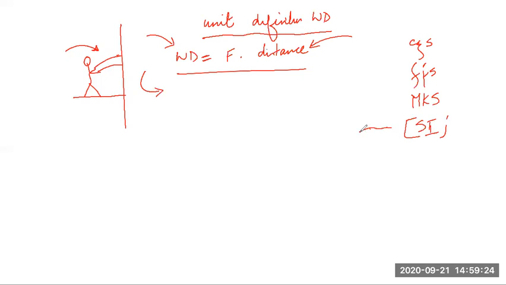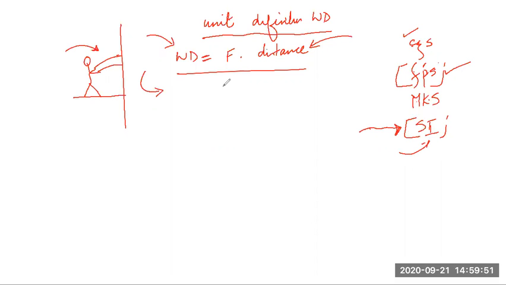You'll find most of the books in SI system across the world, except a few European countries, which go for the FPS system. Very old books might have been written in the CGS system: centimeter, gram, second; foot, pound, second; meter, kilogram, second. SI also uses meter, kilogram, second, but some more fundamental units are added, like luminous intensity.